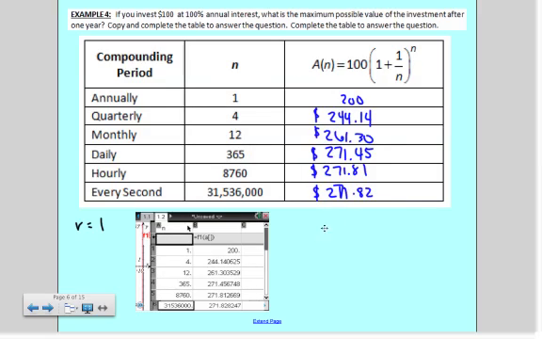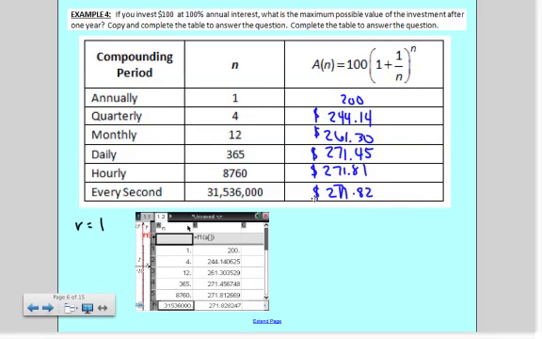All right. So if you notice, this is an exponential type function. The more I compound, the size isn't really changing all that much, and that's because you're dividing by n here, so it's not getting that much bigger.